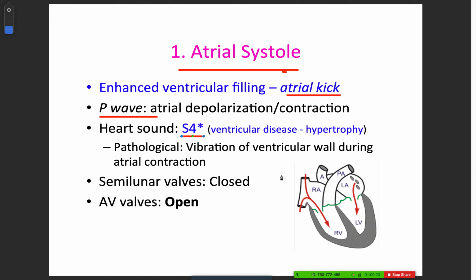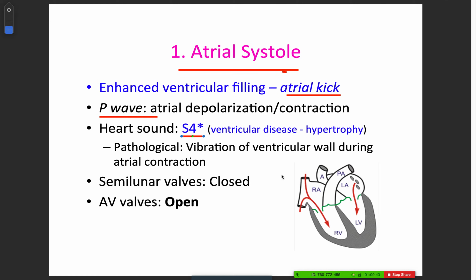So what happens when you try and do your atrial kick into a ventricle that has stiff walls? It's hard. Exactly. Yeah, it's very hard. Those walls are not going to take the blow very easily. They're going to be very stiff. It's almost like trying to throw a water balloon against a concrete wall, right? It's going to kind of smack.